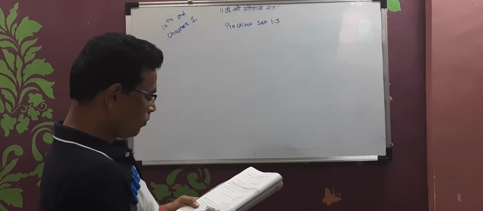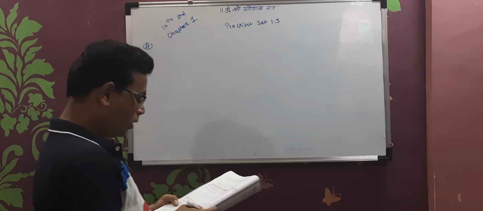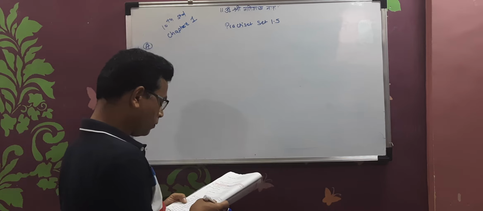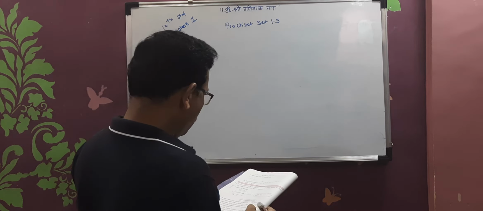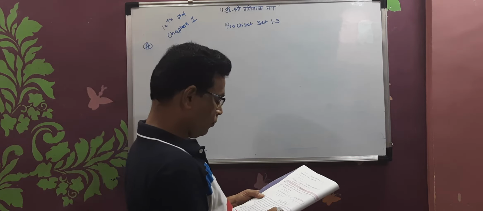Denominator becomes 12 times the numerator, if both the numerator and denominator are reduced by 6, find the fraction. So we have to calculate the value of denominator and numerator.